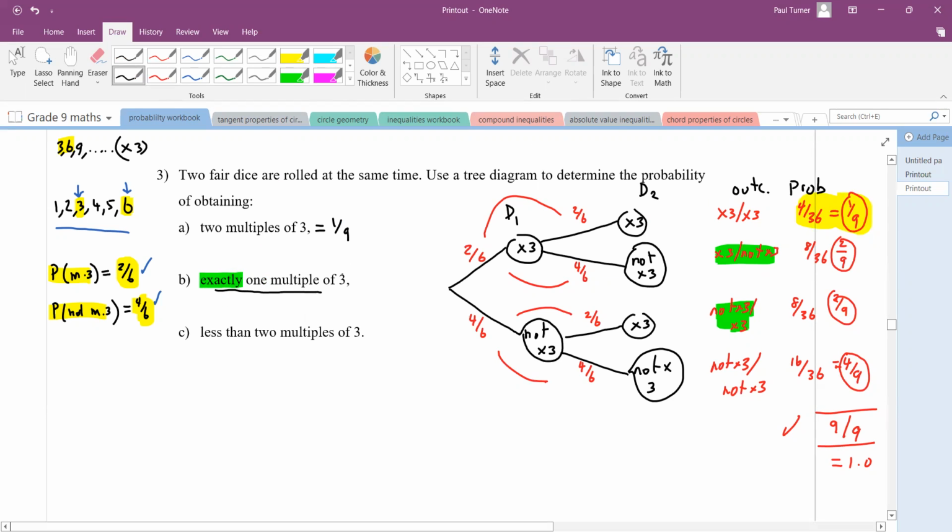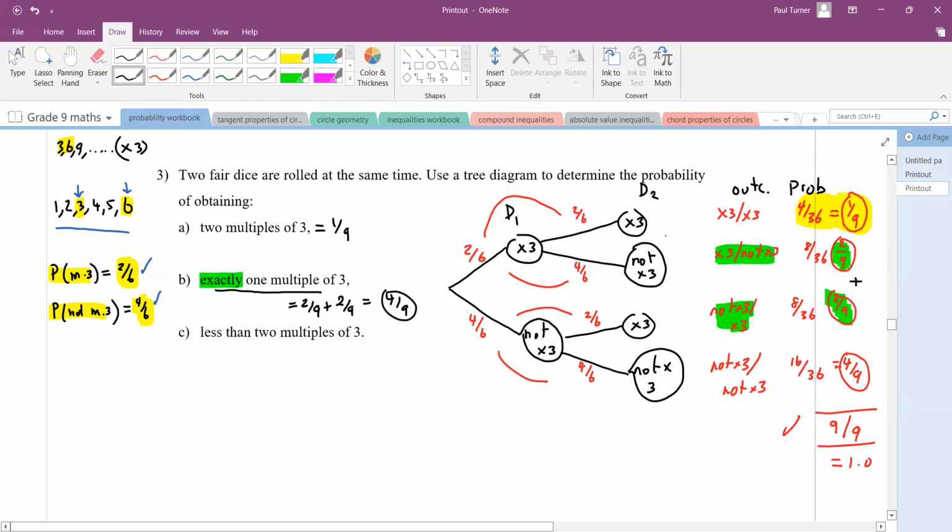All right, so in that case, you should have 2 out of 9 plus 2 out of 9. So these 2 probabilities here in green. So that should be 2 out of 9 plus 2 out of 9, which is 4 out of 9 for that answer there.